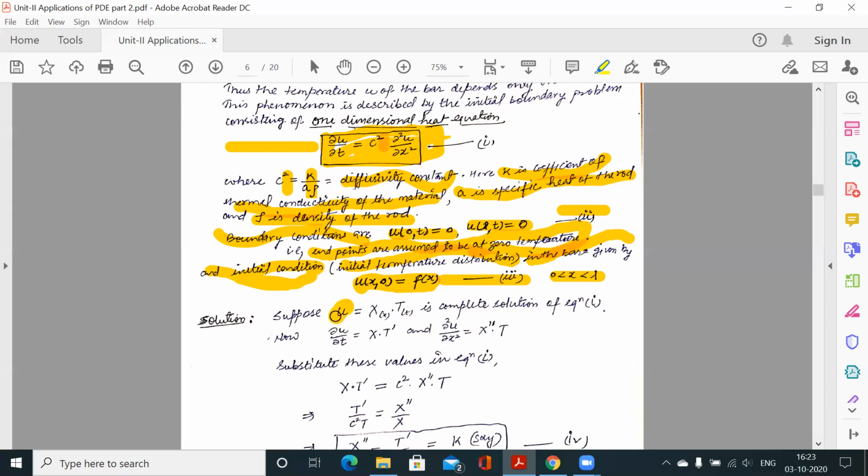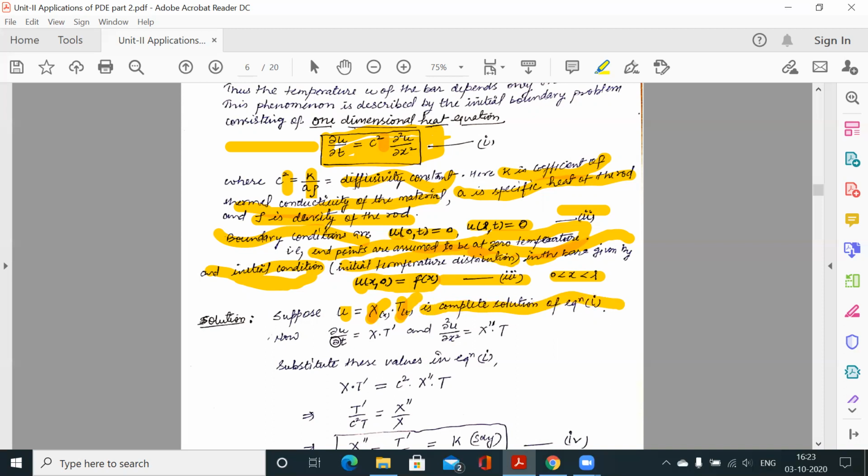We assume our solution in this method, u, is equal to the product of two functions. Why two functions? Because there are two independent variables: one function of one independent variable, and a second function of the second. So our assumed solution is u is equal to X(x) T(t), where X is a function of x alone and T is a function of t alone.